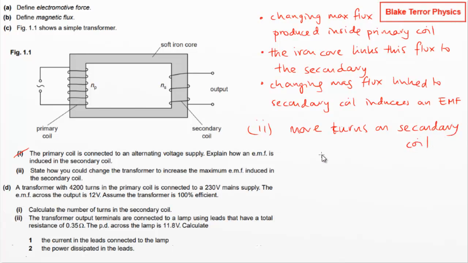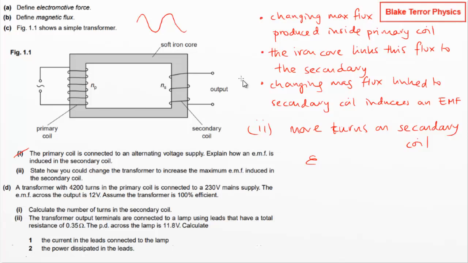Because remember that the induced EMF in this secondary coil is proportional to the rate of change of flux linkage. And our flux linkage is going to be alternating in step with the alternating current. So the greater the maximum flux linkage we can produce in the secondary coil, the greater the induced EMF.